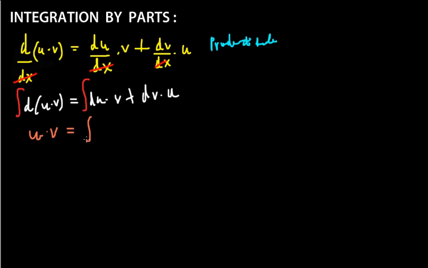So this is nothing but the integration of du times v plus the integral of dv times u. Okay, let's simplify this further. This is u times v equals. Now, I'm just going to leave it this way. Just going to rearrange this.